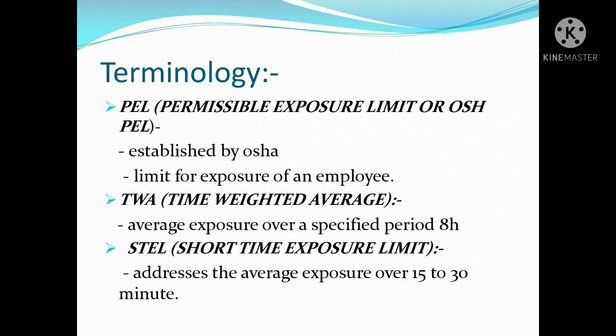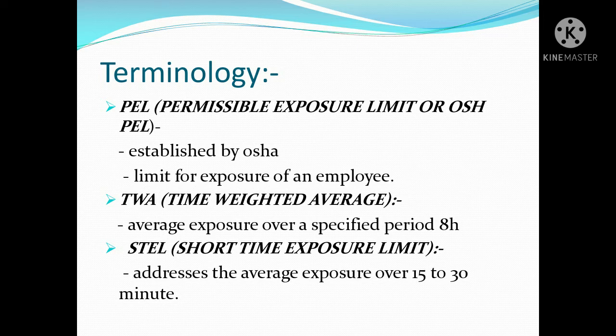Now we are going to learn about some specific terms which are used in this format. The first is PEL. It is also known as OSHA PEL. PEL stands for permissible exposure limit. It is established by OSHA.